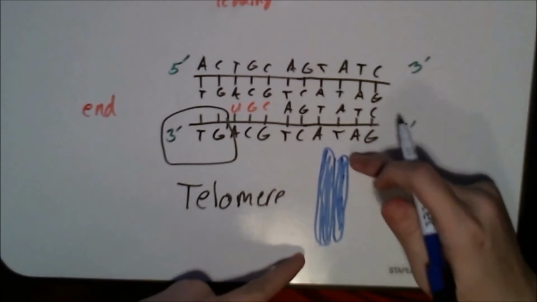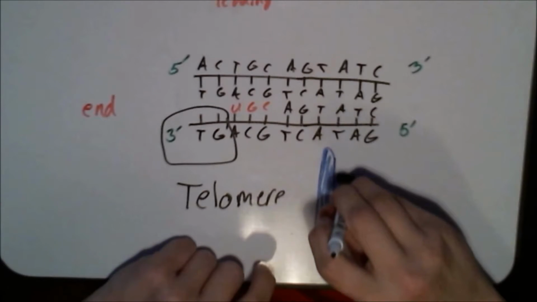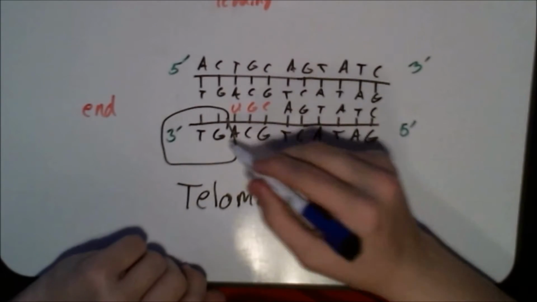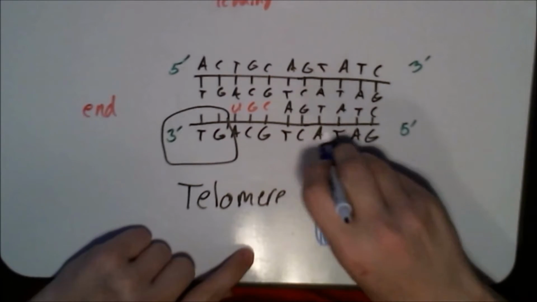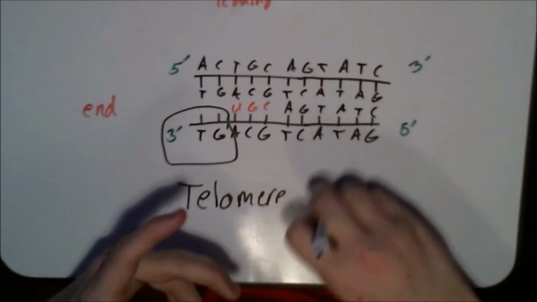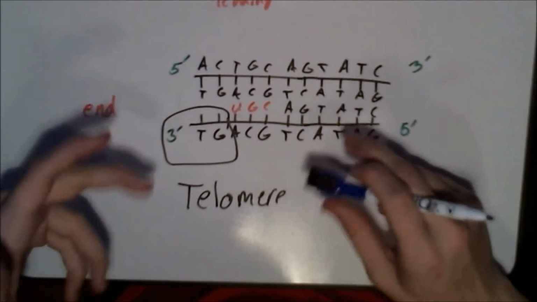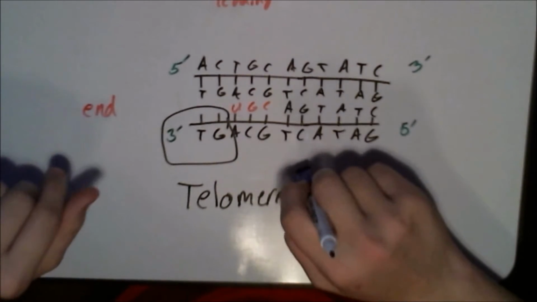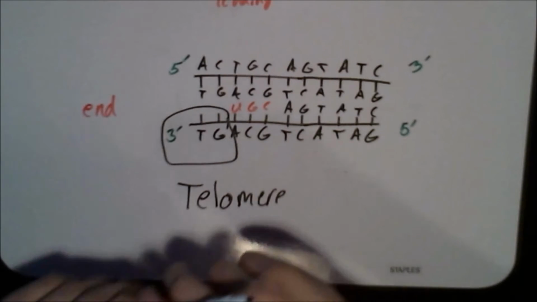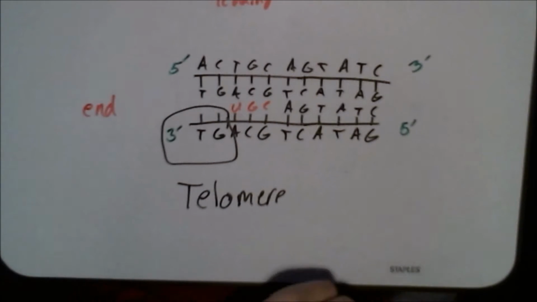It's noticeably shorter, because over time and through all these cell divisions in which we've lost this DNA, those telomeres have gotten shorter. So telomeres are something that we believe are involved in aging.